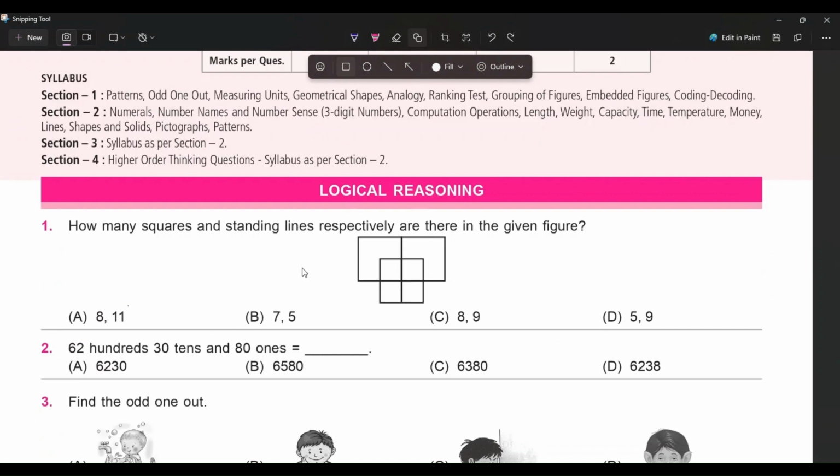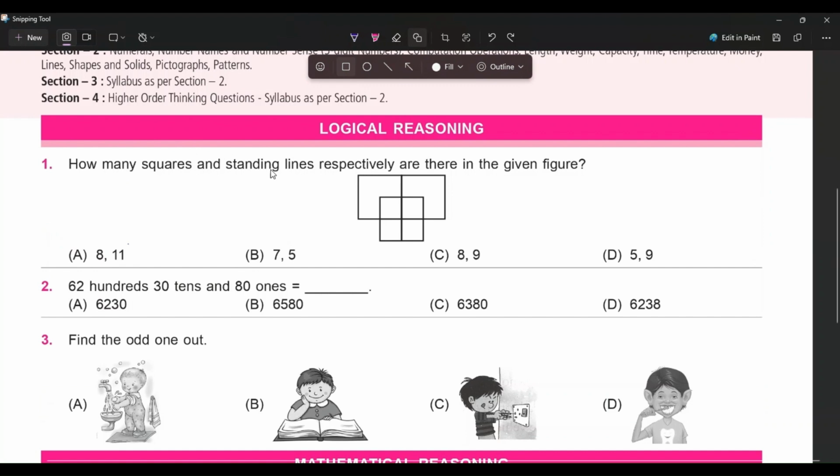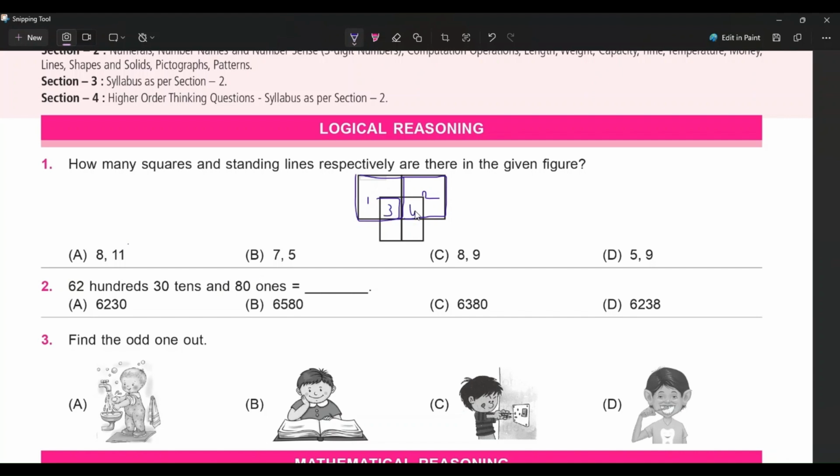First section, logical reasoning. First question: how many squares and standing lines respectively are there in the given figure? Let's quickly count the squares first. 1, 2, 3, 4, 5, 6, and this is one more square, 7.